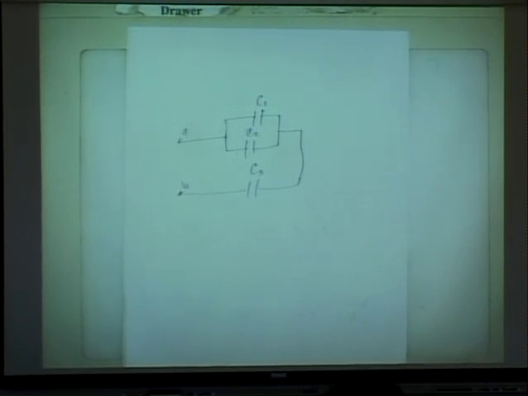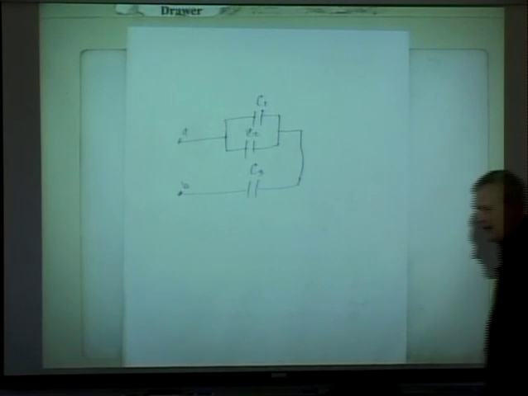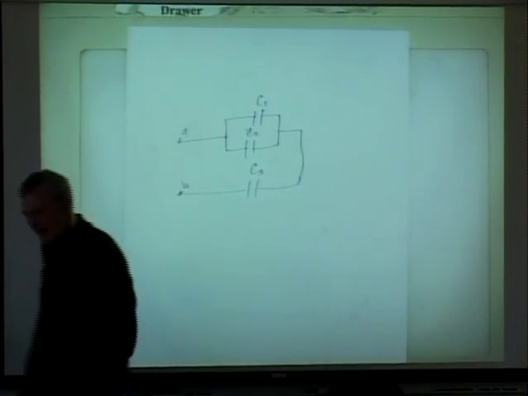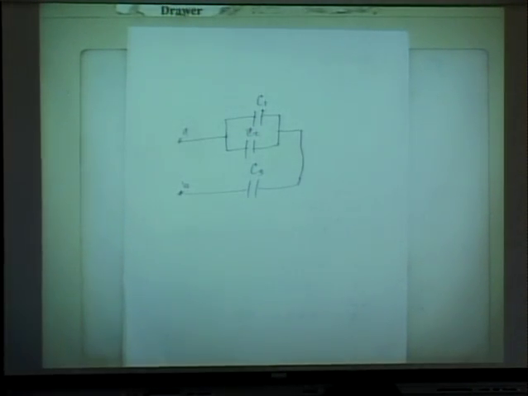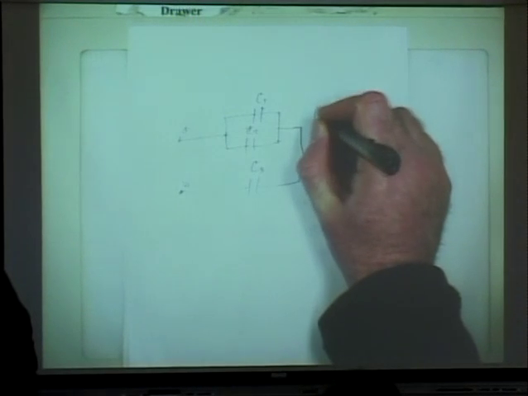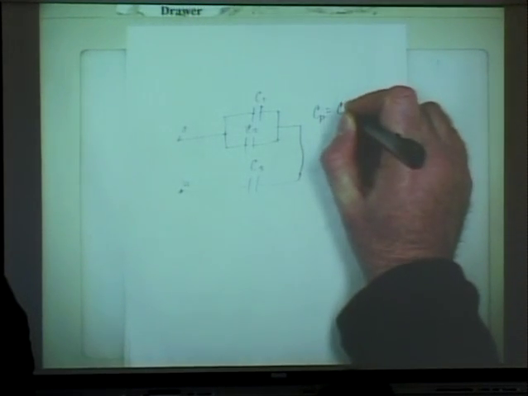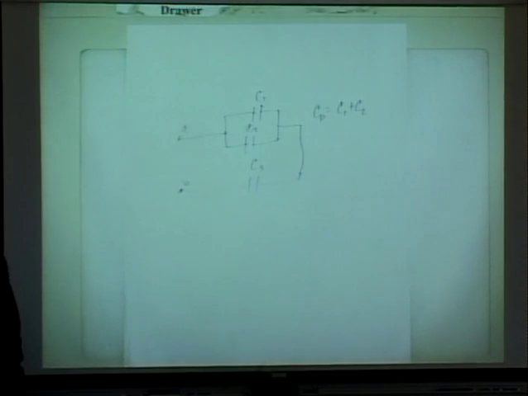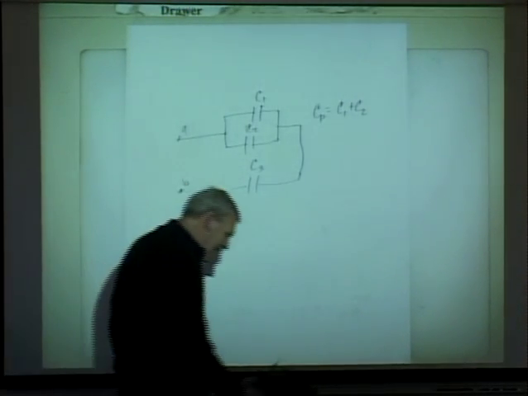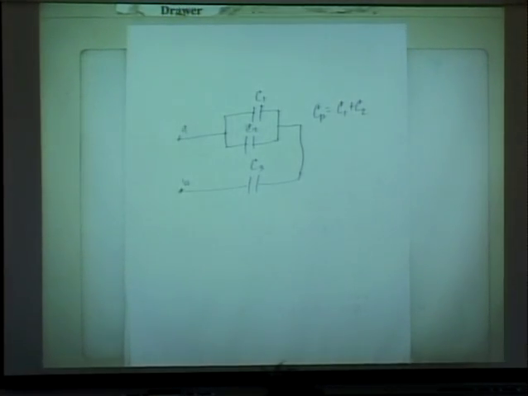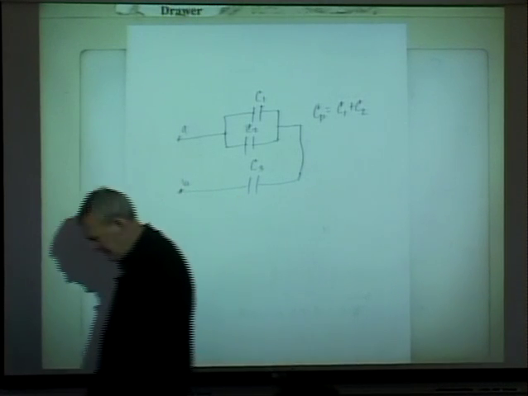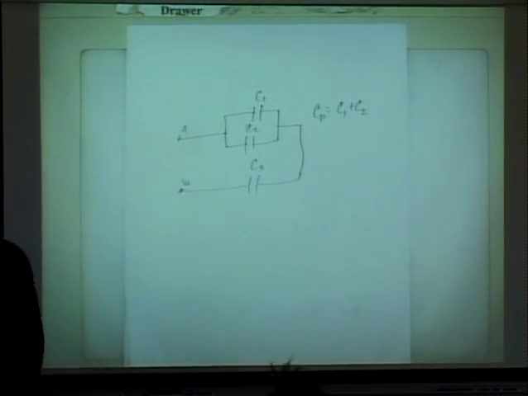C1 and C2. For capacitors in parallel, how do you find their capacitance? You just add them together, so CP is equal to C1 plus C2. This is how you find the total capacitance of the thing.